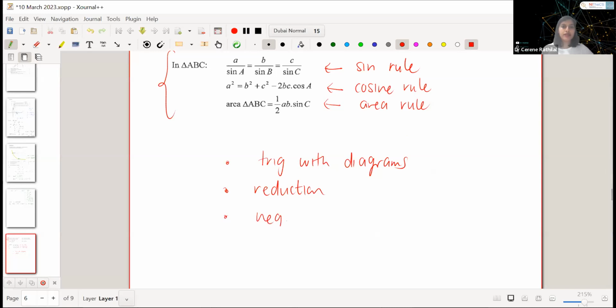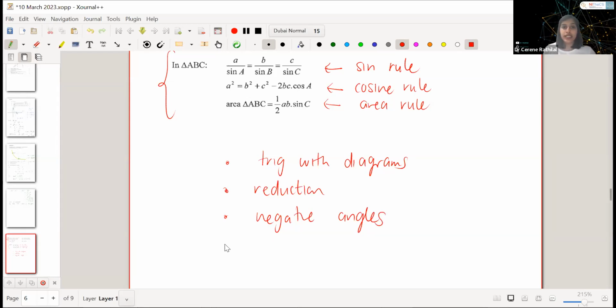Negative angles. And all of these trig concepts would have been introduced to you from grade 10. So the idea is for you to go back and relearn your grade 10 concepts, relearn the grade 11 concepts, as well as what you would have learned this year. In grade 12, you're going to be assessed on all of them. So you have to know everything.